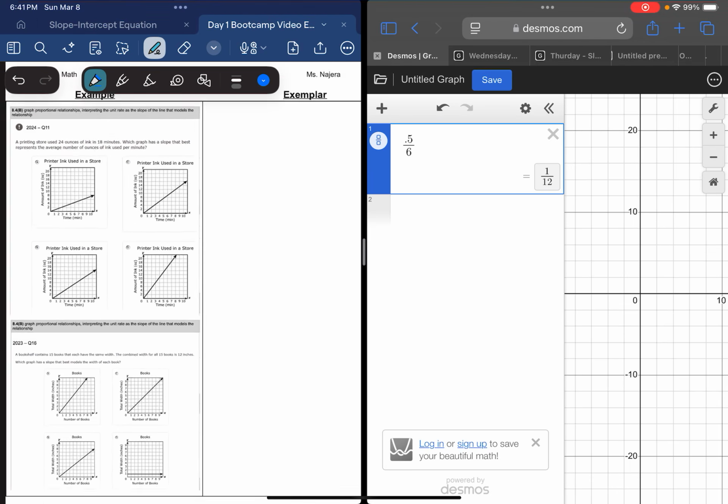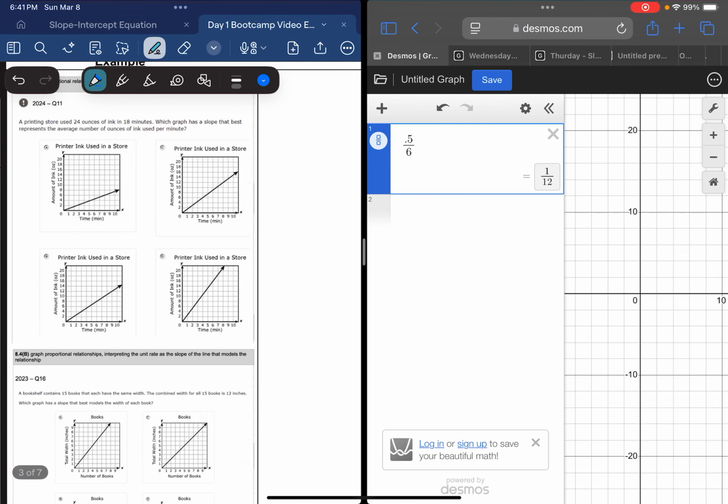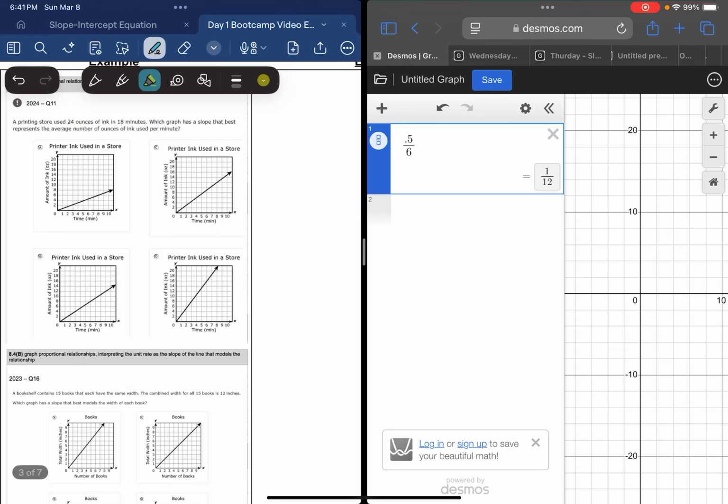Okay, question number 3. A printing store used 24 ounces of ink in 18 minutes. Which graph has a slope that best represents the average number of ounces of ink used per minute? So again, we're given two numbers and asked to choose a slope from a graph.